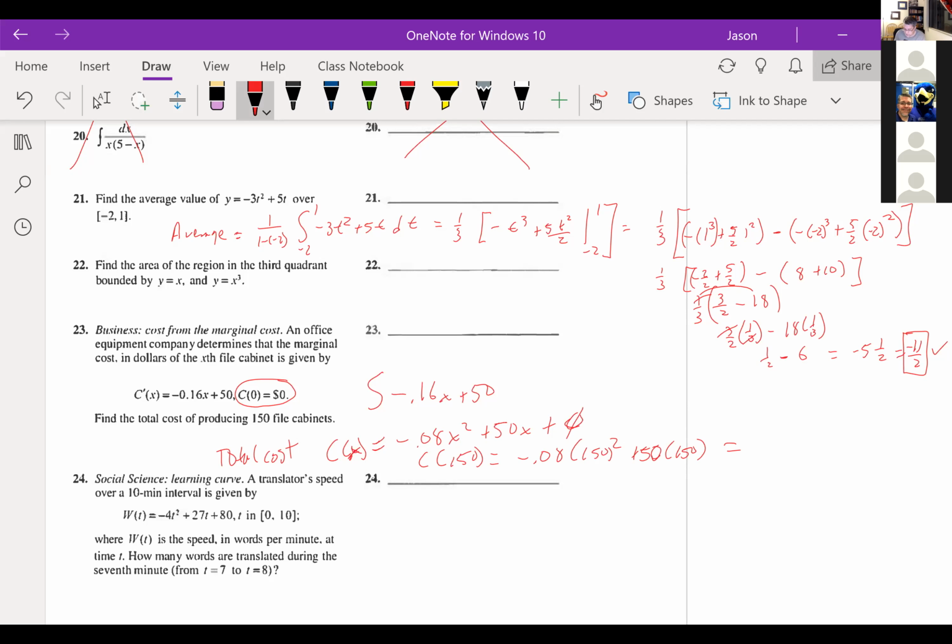So I don't know what it is. 150 times 150 times 0.08, 8% of that is 1,800. And then 50 times 150 is 7,500. So plus 1,800 is 9,300. So that's total cost.